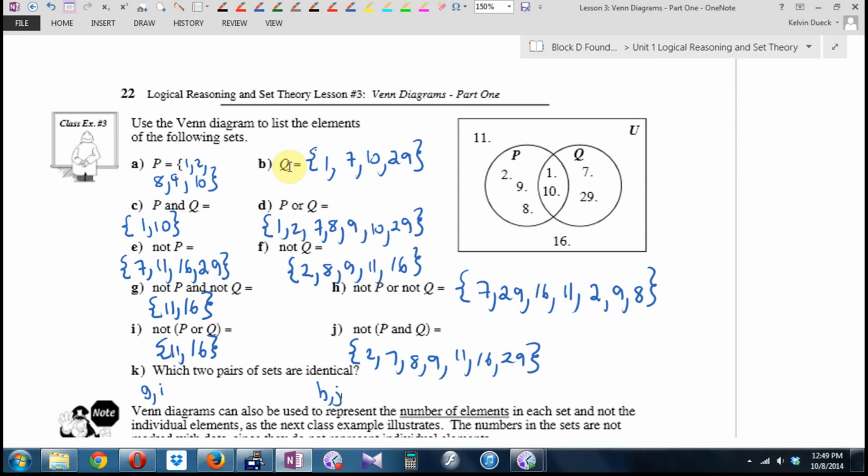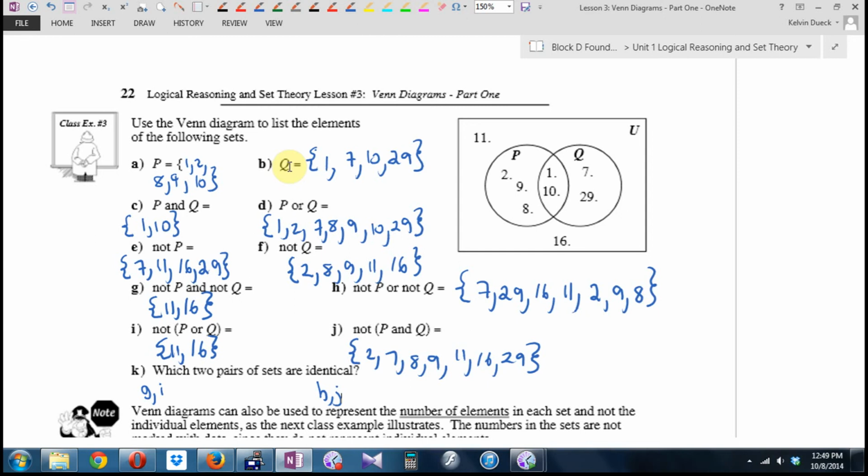I'd think about it. Not P or not Q. I said, okay, the numbers that aren't part of P are these 5. The numbers that aren't part of Q are these 4, these 5.